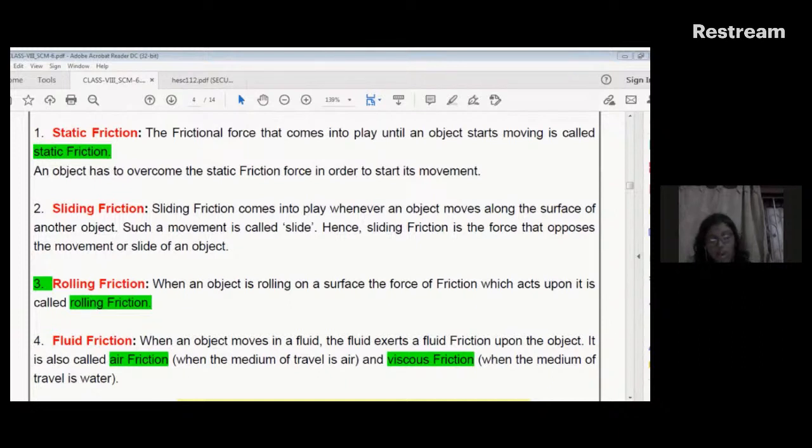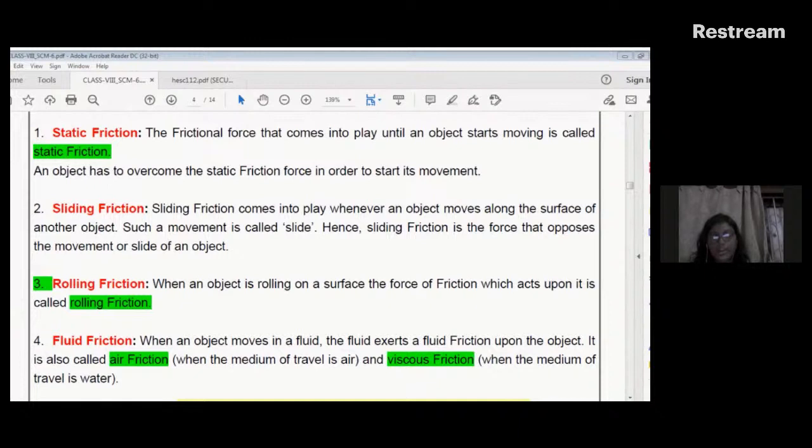In science, the common name of gases and liquids is fluids. And so we can say that fluids exert force of friction on objects in motion. We will read one by one thoroughly.